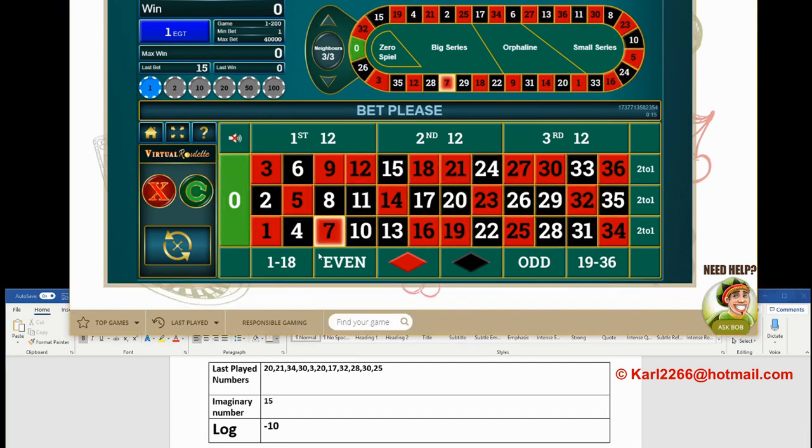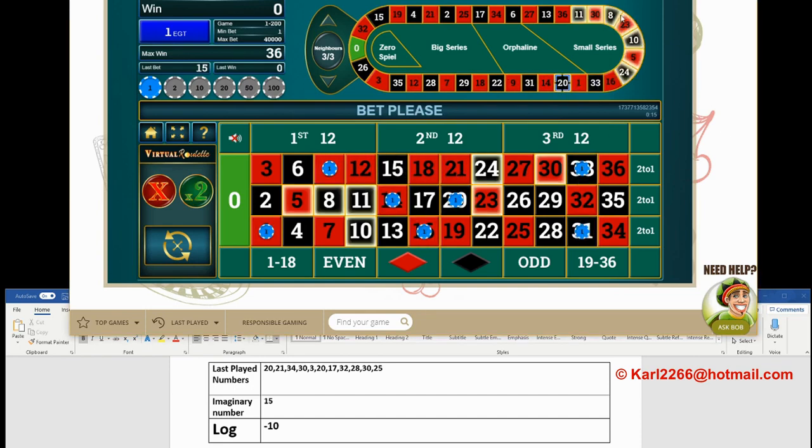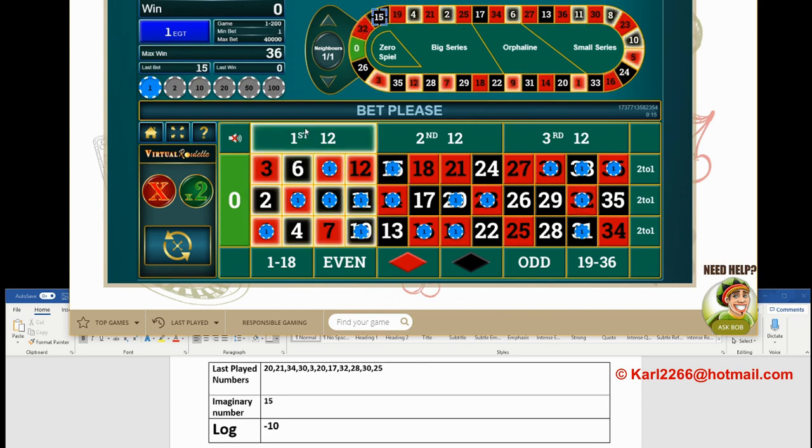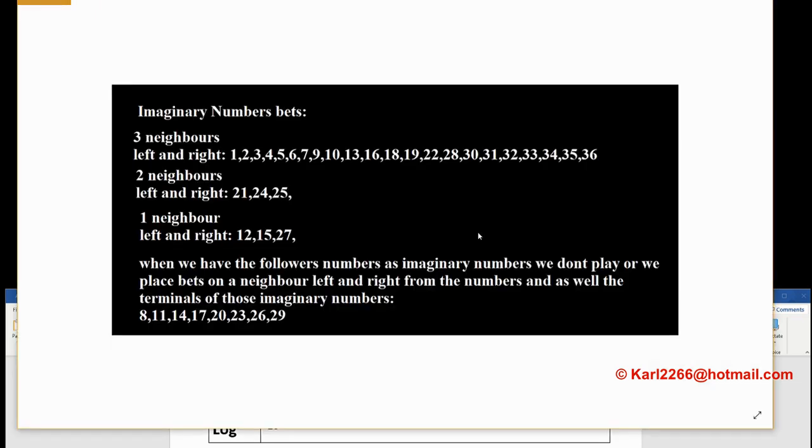When we got 15 as imaginary number, we place bets on terminals from 15, which is 20, and also number 8. So 20, 3 neighbors left and right, 8, 3 neighbors left and right. And here is the thing, when we got 15 as imaginary number, we place only one neighbor left and right from 15, okay? And here you have a list with the imaginary numbers and how you have to place your bets.